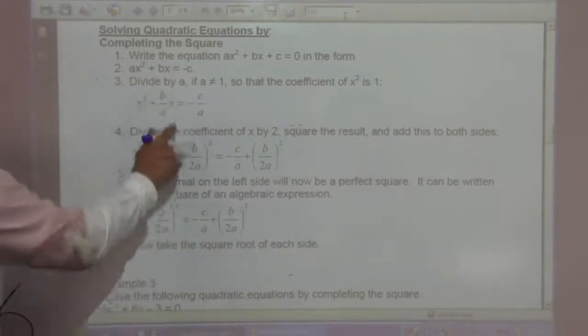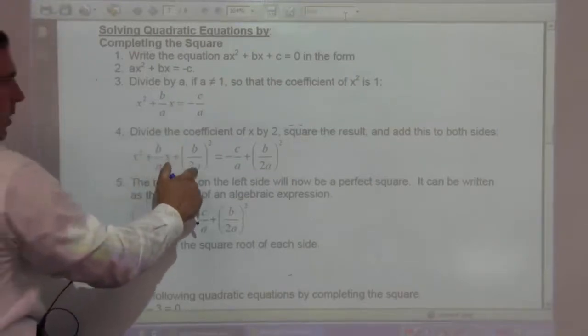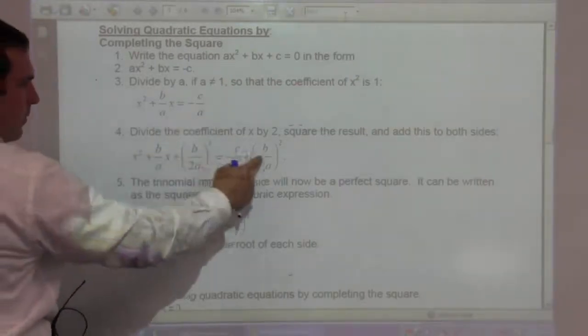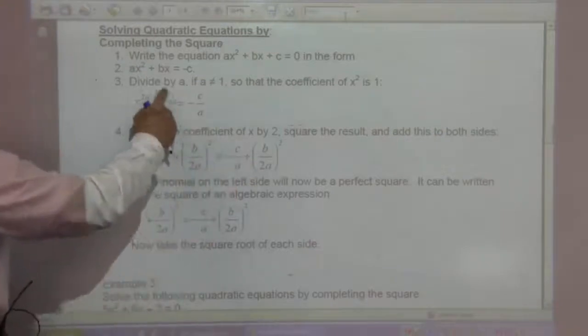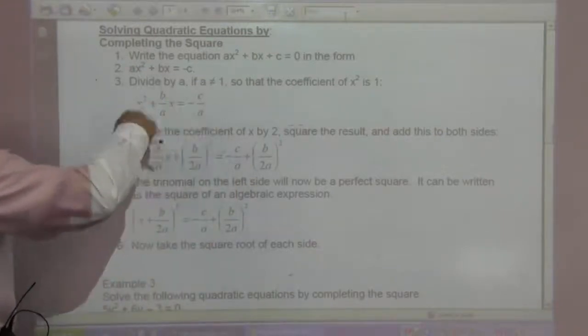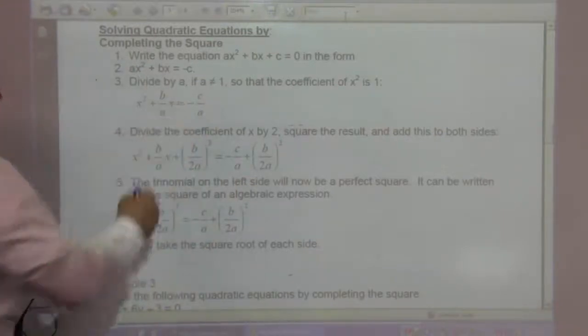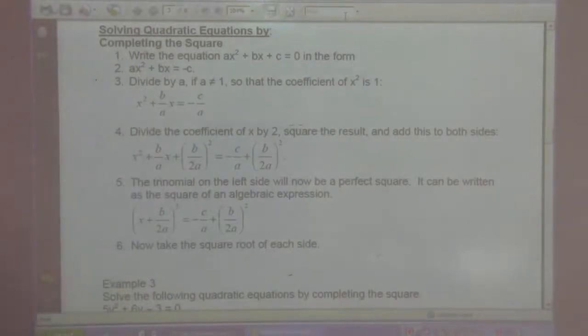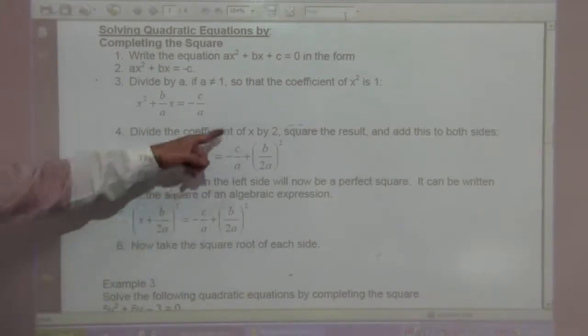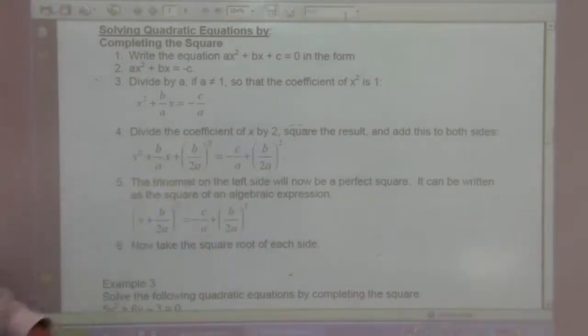Take the coefficient for x, divide it by 2, square it, and add that to both sides. Because half of the coefficient for x, squared, is the constant in a perfect square trinomial.